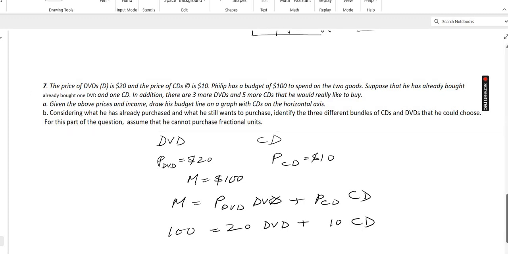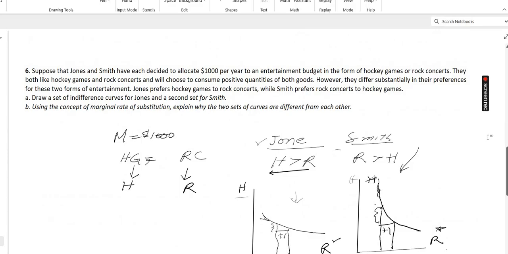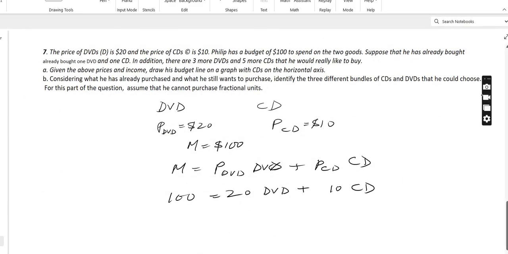So if the consumer has bought one DVD and one CD, then how much money has he spent? 20 on the DVD and 10 on the CD. If we add them, on buying these two he will be spending 30, whereas he has 100. So there is room for more buying.